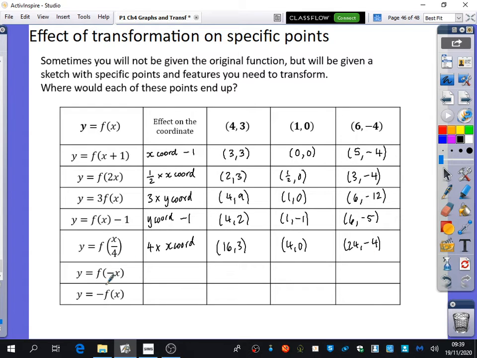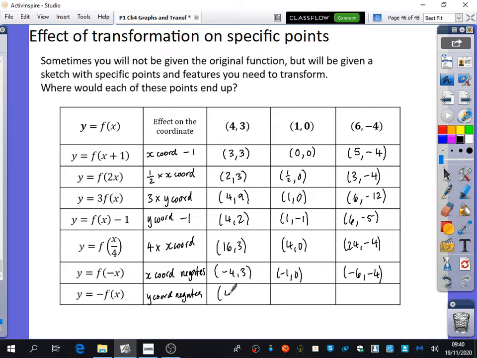What about this one here when it's f of minus x, Zainab? So you can either write x coordinate negates, or you could say x coordinate multiplies by minus 1. But I'm going to say that the x coordinate negates. So that would give us minus 4, 3, minus 1, 0, and minus 6, minus 4. And then the last one is obviously the y coordinate negates.